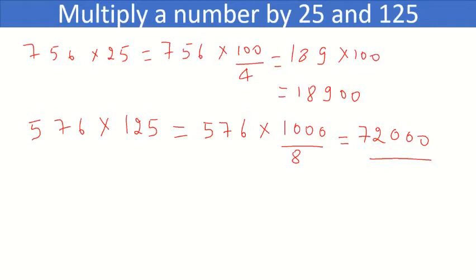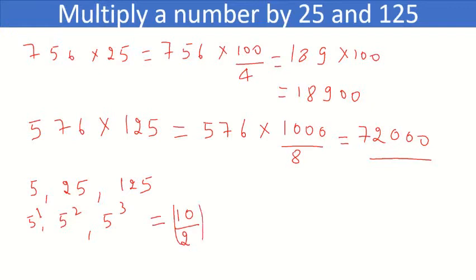It's an easy method and you can extend it to other numbers as well. For example, 5, 25 and 125 are the respective powers of 5: 5 raised to the power 1, 5 raised to the power 2, 5 raised to the power 3. For these numbers we have them in the form of 10 by 2 raised to the power of the same value as 5 is raised to. So 10 by 2 raised to the power 1 for 5.